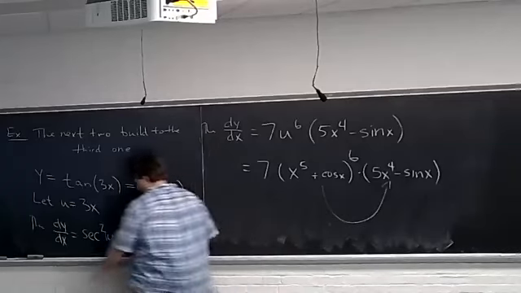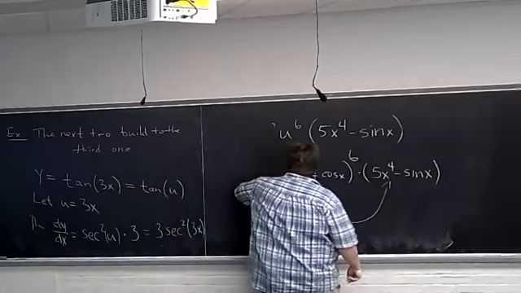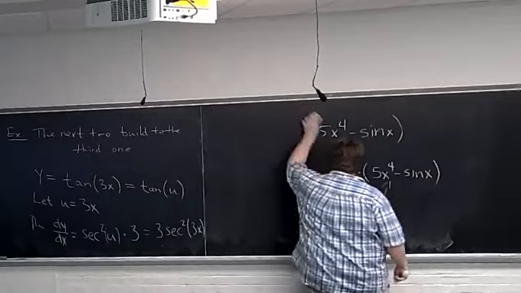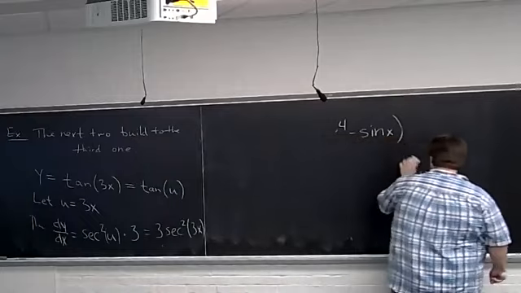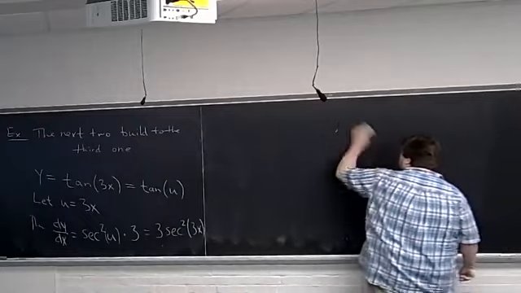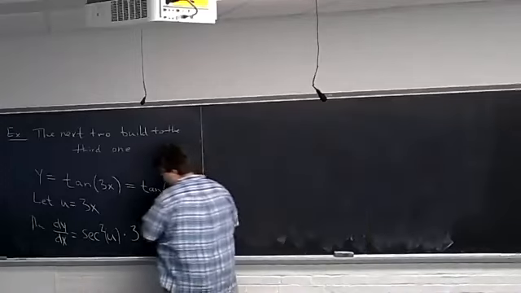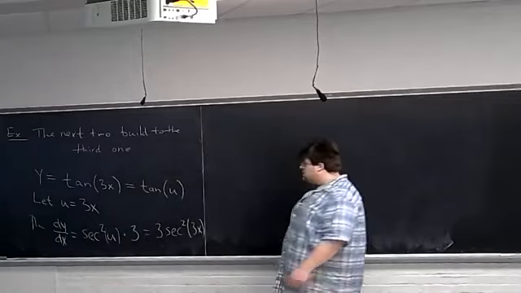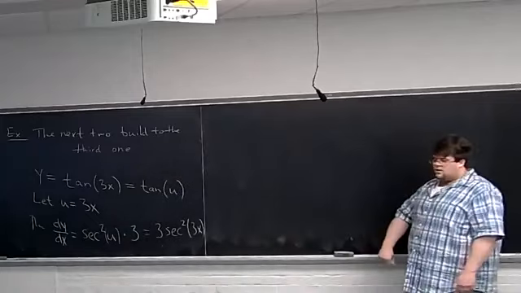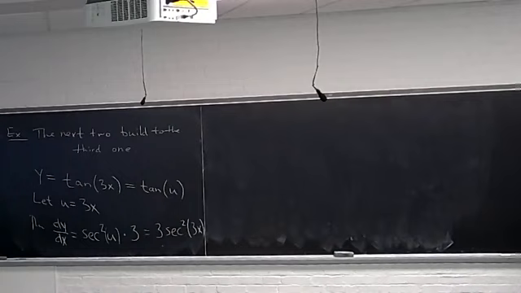We have 3 secant squared of 3x. So in that one, I didn't directly write out dy du dx, the details. But in that last line, it is implicit which ones are which. Here's our dy du, there's our du dx. Any questions about that one? That's very similar to the first one.